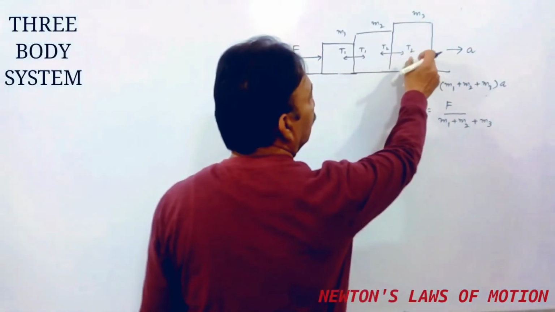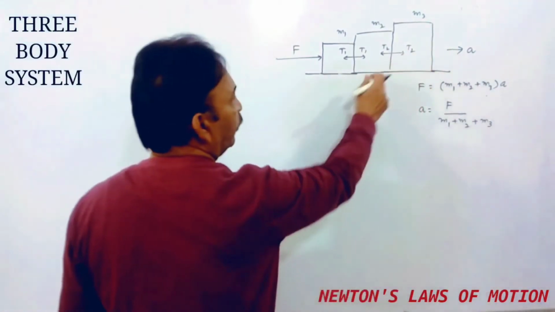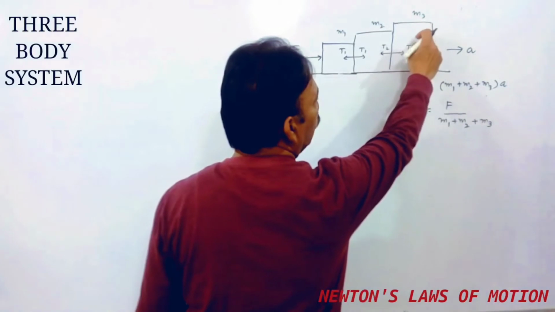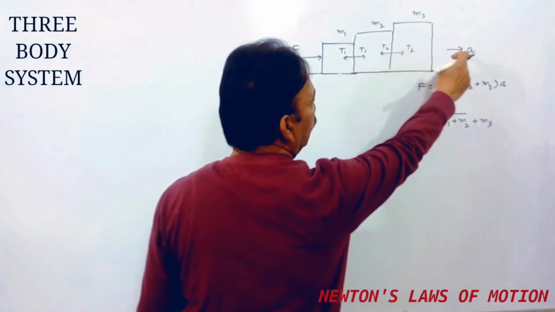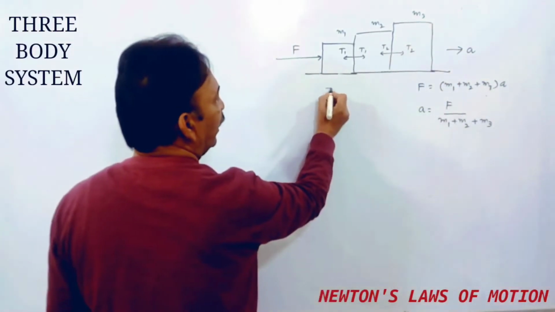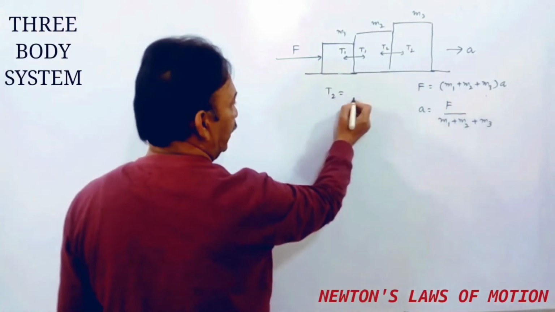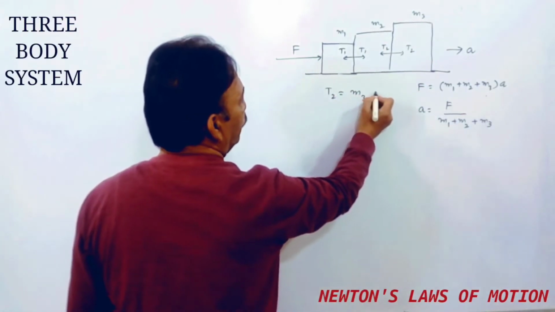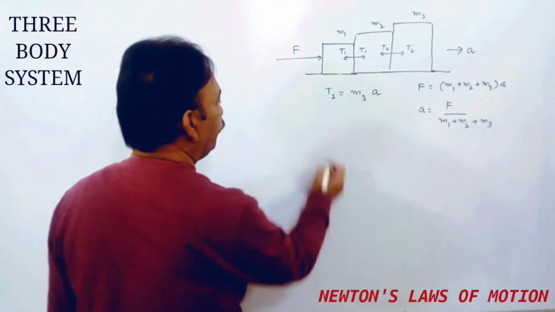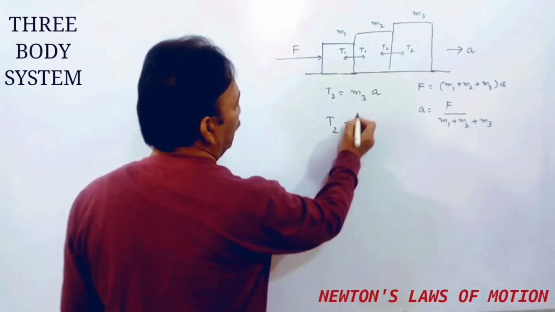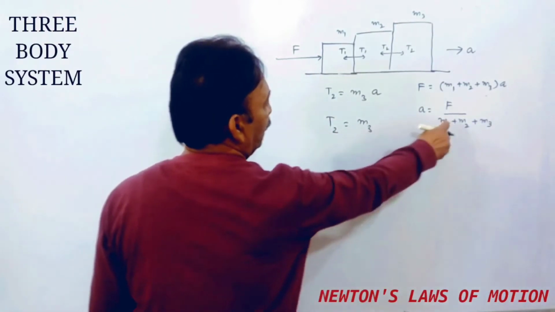We are finding the tension T2 here. This T2 is responsible for the motion of this block. That means it is providing acceleration. Then we can write T2 is equal to m3 multiplied with A, the acceleration we had.